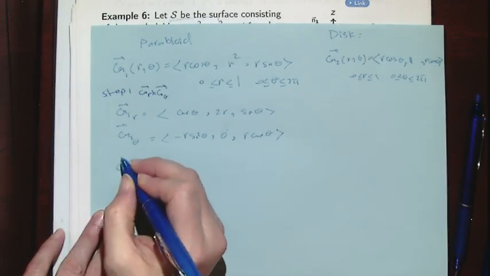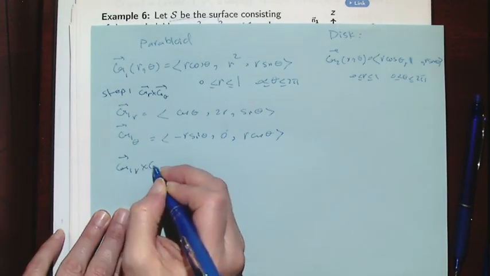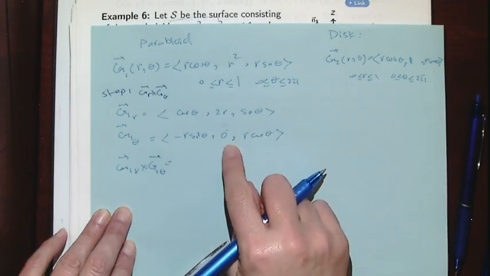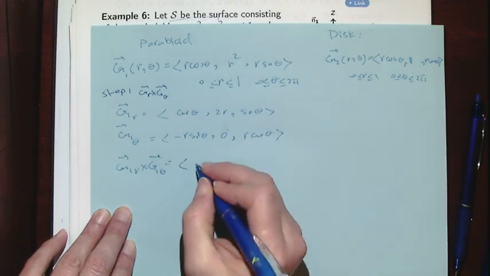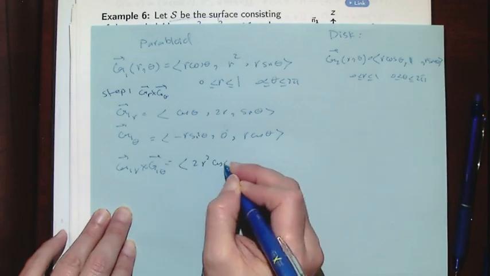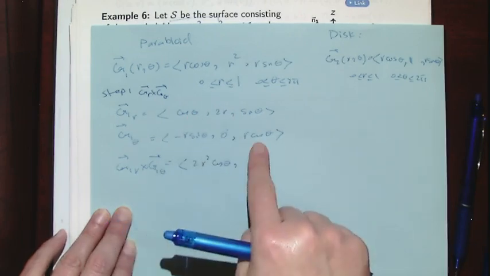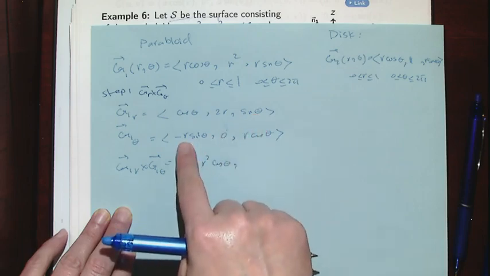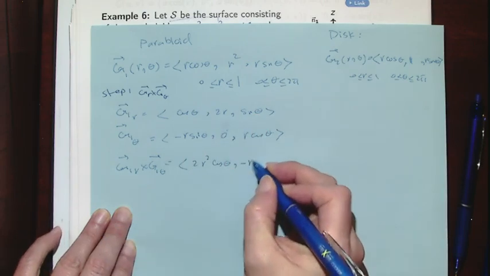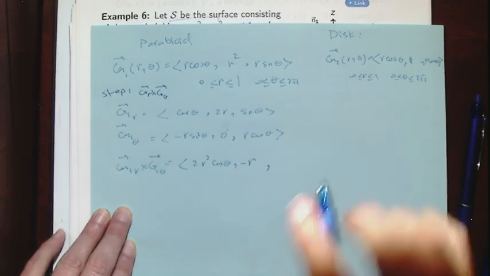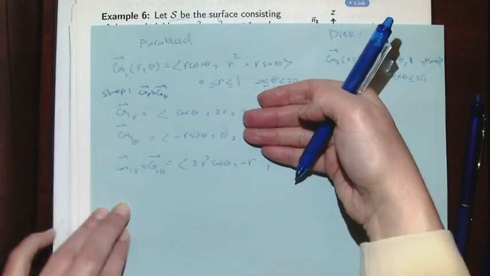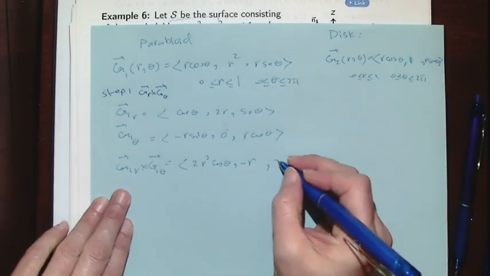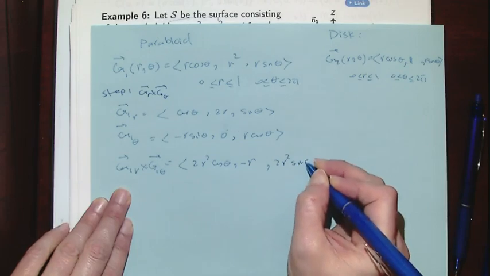So G1 r cross G1 theta is going to be 2r squared cosine theta, then negative r cosine squared minus r sine squared, which is negative r, then cosine times 0 minus 2r squared sine theta.